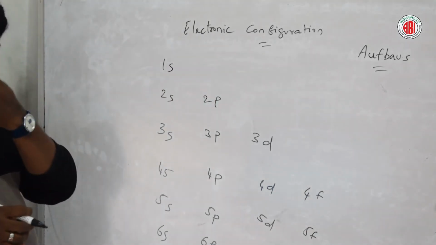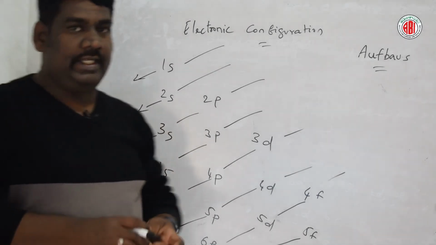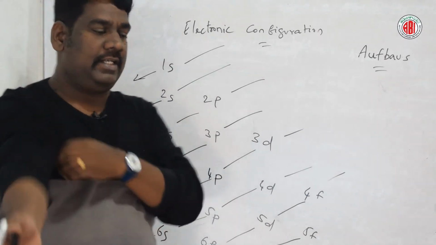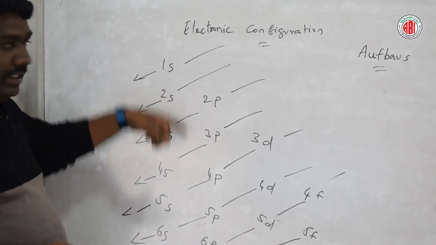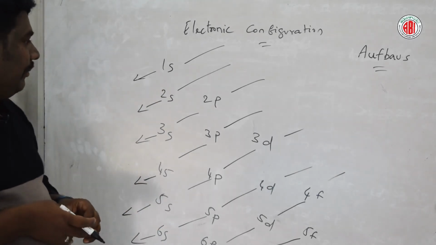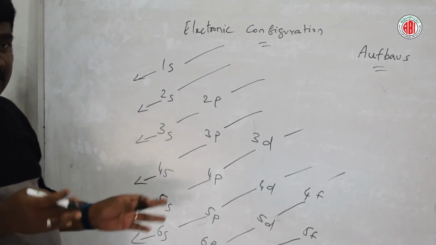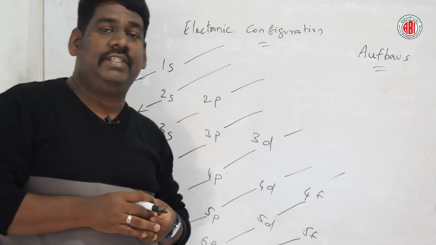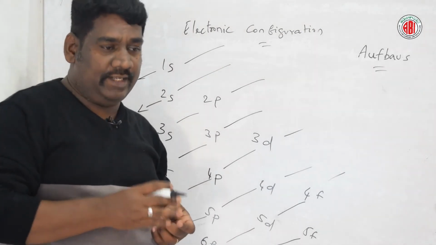Now, filling up of the electrons in the different orbitals in this diagrammatic manner follows the increasing order of the energy levels.